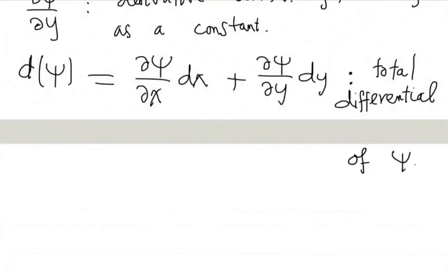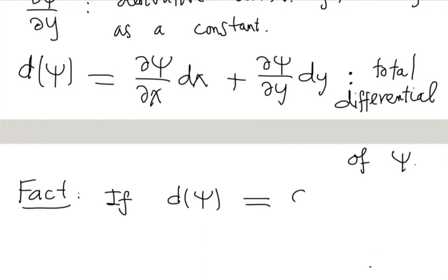So this quantity, total differential of psi, will be important for our topic here, and it comes from the fact that if the total differential d psi equals 0, then psi is a constant.